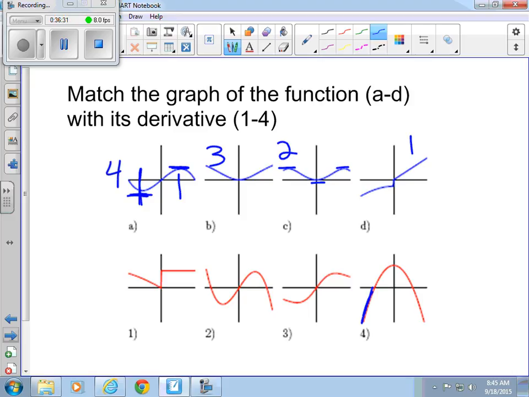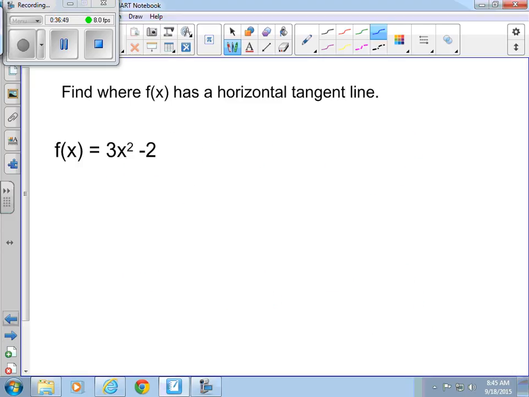Why though? Because it's going below the x-axis, so it has negative numbers. And then it's positive up here. And then negative down here. So it seems to look reasonable. Again, look more at that later. I'm not going to do that one. Are y'all okay with that?